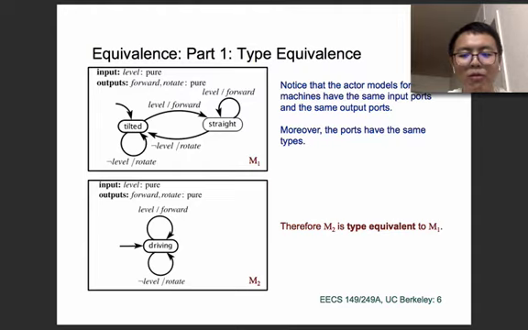It's also helpful for refinement. For example, if one state machine has a bug, when you fix the bug, you probably want the replacement machine to be type equivalent.